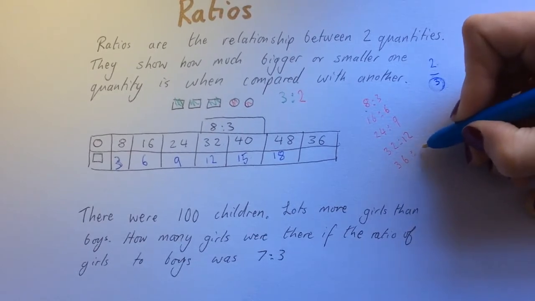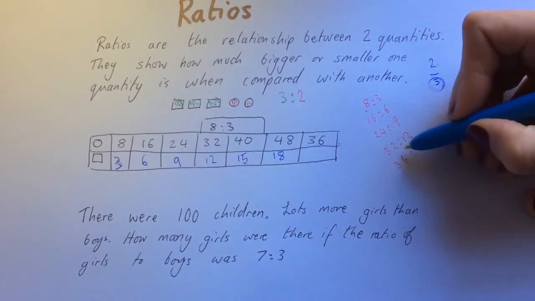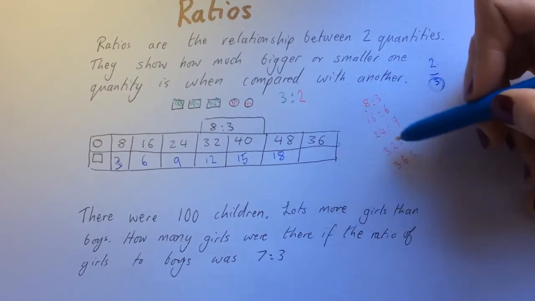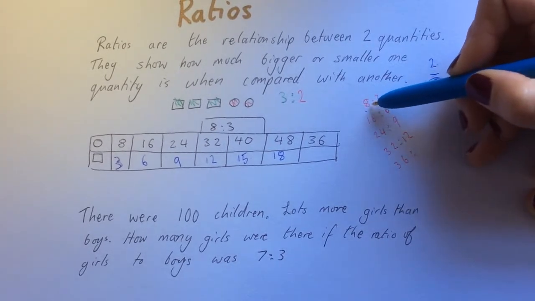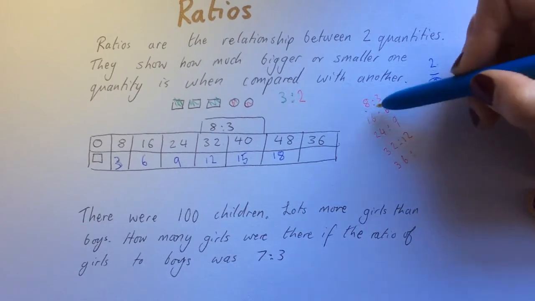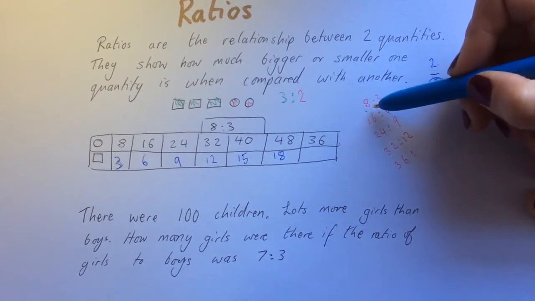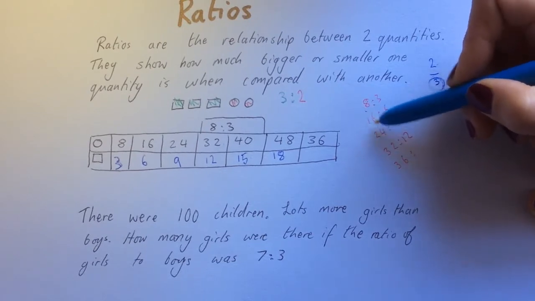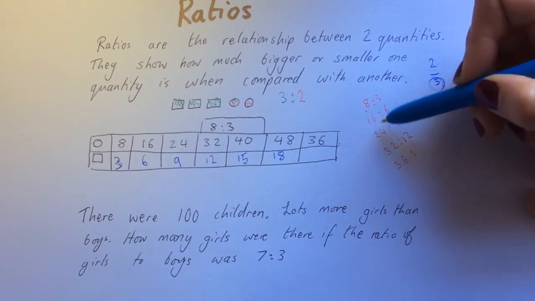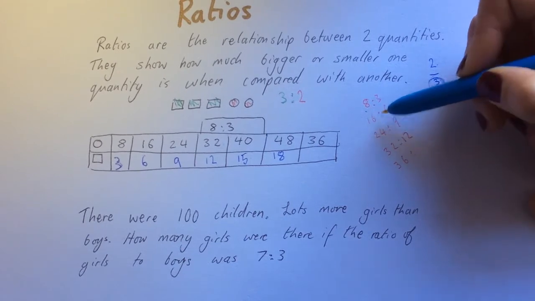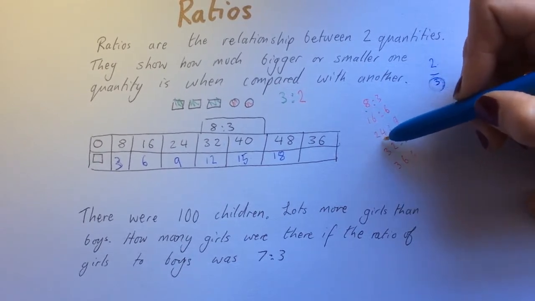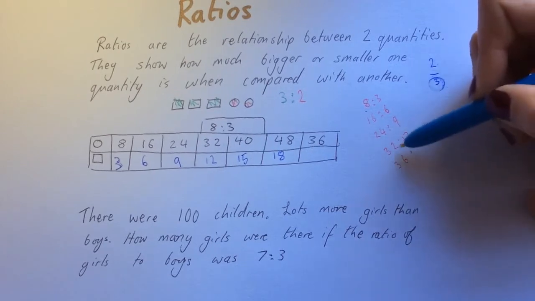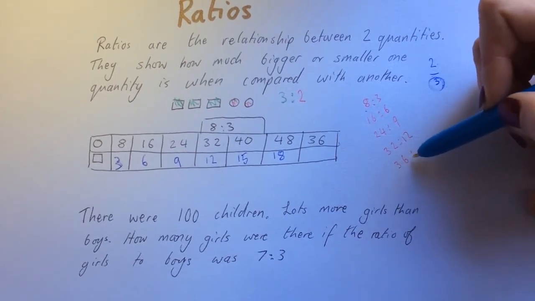So first of all, I need to figure out how much this is going up by, because it's been very simple so far. We just know that it's doubling every time, or multiplying the previous number by 2. So 8 times 2 is 16, and then plus another 8 is 24, and then plus another 8 is 32, and then we get to here.